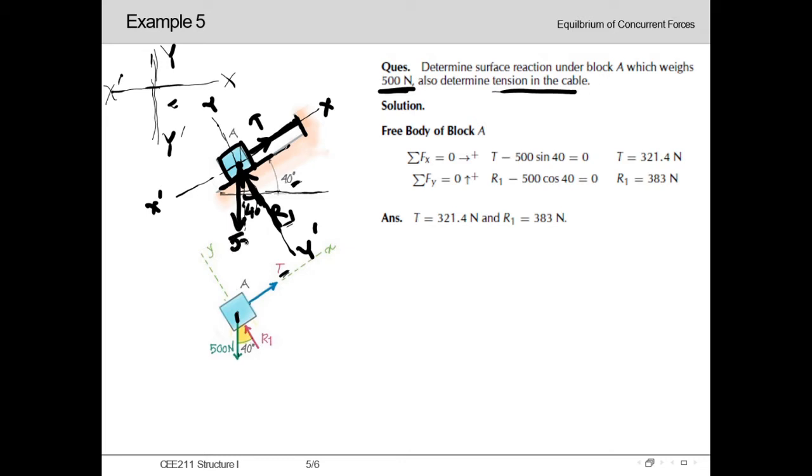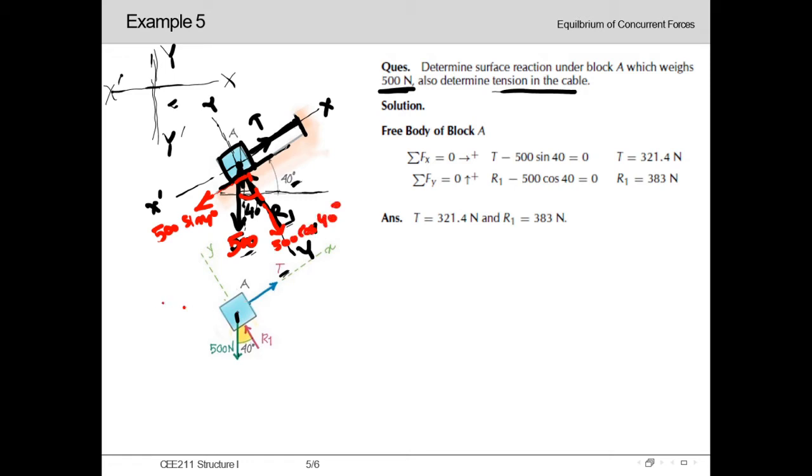According to our coordinate, this 500 Newton is inclined at an angle of 40 degree with the y-axis. So it will have a component in x direction and in y direction also. As the angle is 40, the y component will be 500 cos 40 and the x component will be 500 sin 40.